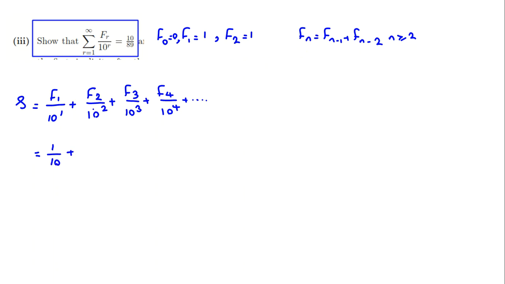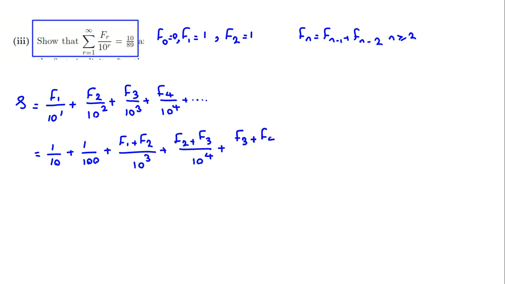But from f2, let's write also f2. f2 is 1 also, so it will be 1 over 100. For f3, we can write it as f1 plus f2 over 10 cubed. The next one will be f2 plus f3 over 10 to the 4. The next one will be f3 plus f4 over 10 to the 5, and so on.